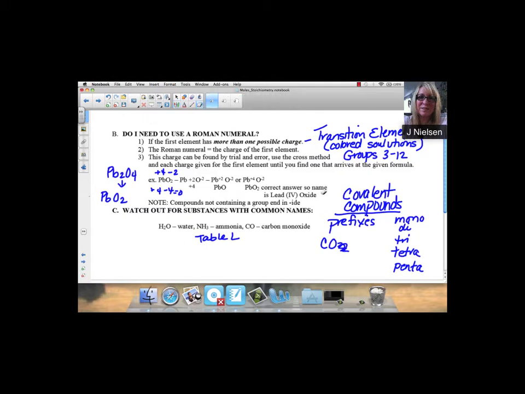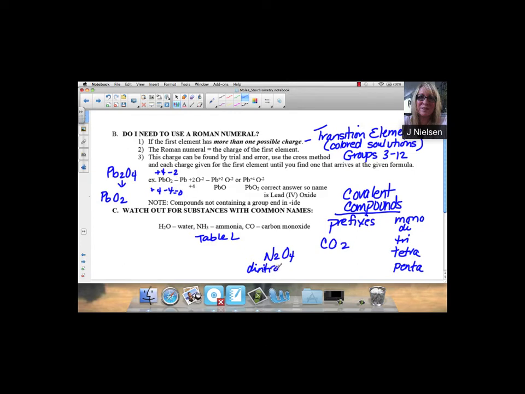If I had CO2, then this would be carbon, and then I would use the prefix di for 2, dioxide.